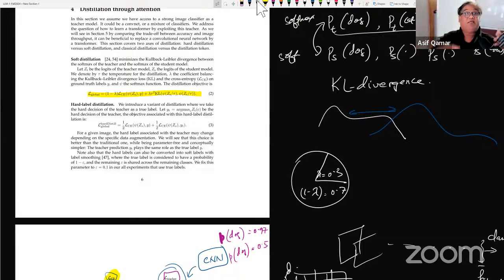On the other hand, you can say only focus on the reality, forget the teacher. But you want to dial between these two in such a way that you get the benefit of both of them. So you'll have some hyperparameter, how much to consider the teacher and how much to consider the reality. So lambda, 1 minus lambda is explained, isn't it?